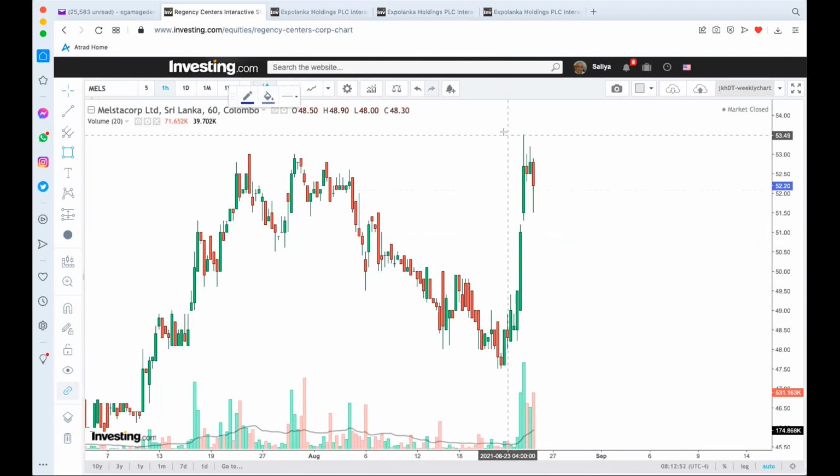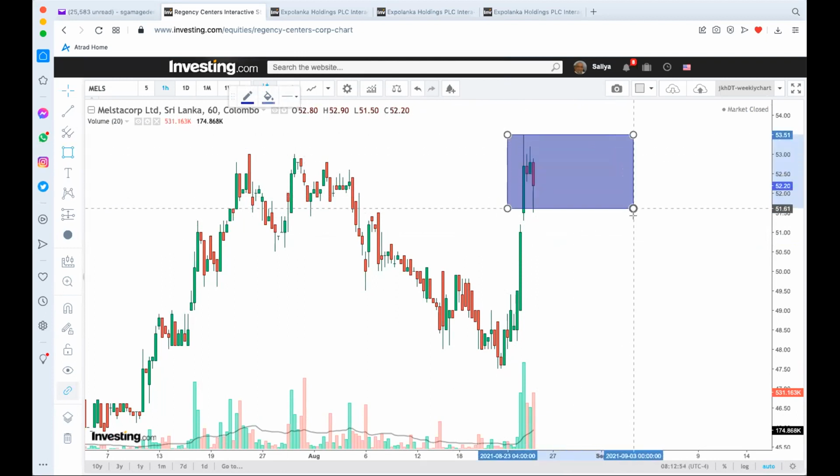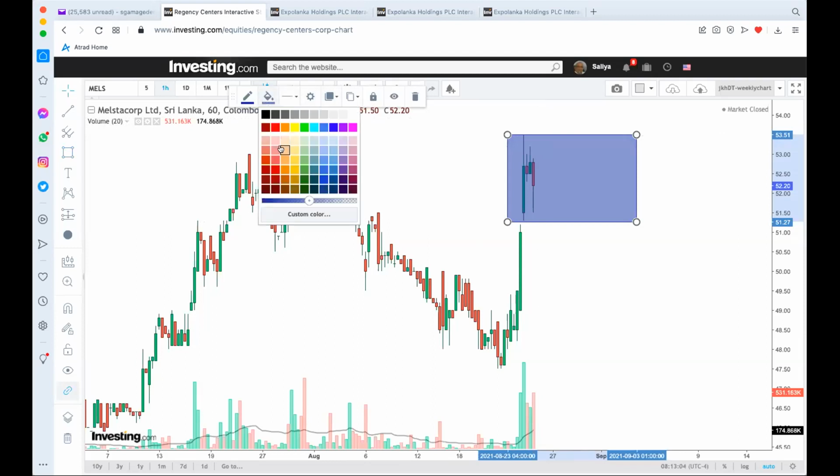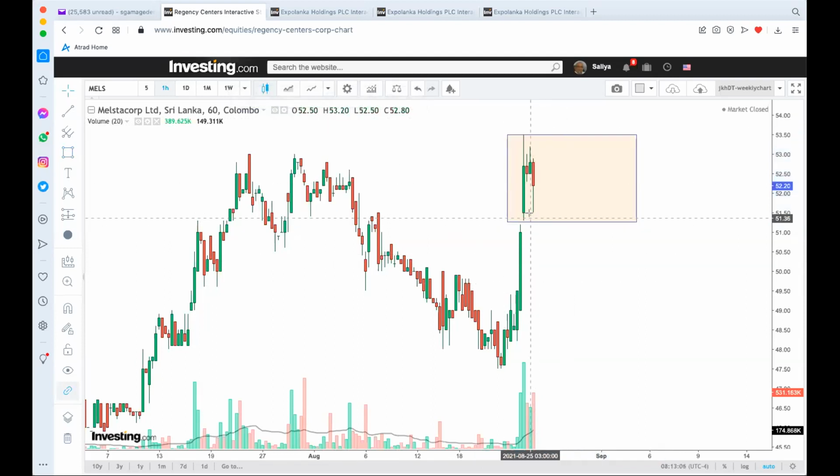The simple expectation, best case scenario, is that the price trades between this low of 51.30 and the high of 53.50. If somebody believes in this share and is really confident, he can collect in this range.